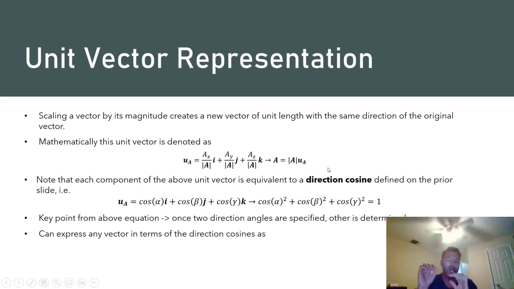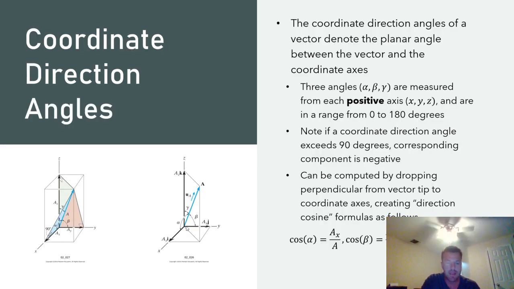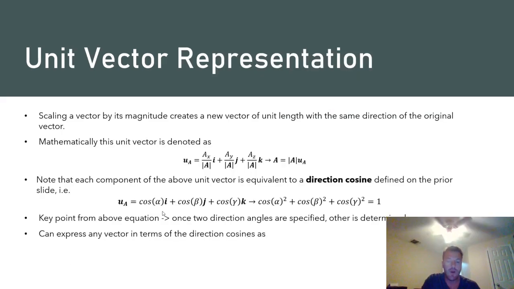So if you do a little bit of equating these to one another, going back to the last formula, what you see in terms of those direction cosines that we talked about is that the unit vector that describes the direction of any vector A can always be written, its x component or its i hat component is just the cosine of alpha. And just going back and showing you what alpha was one more time, it's the cosine of that coordinate direction angle. And in similar fashion, the y hat or j component is simply the cosine of beta, which was the coordinate direction angle with the y-axis, and same thing for the z-axis.